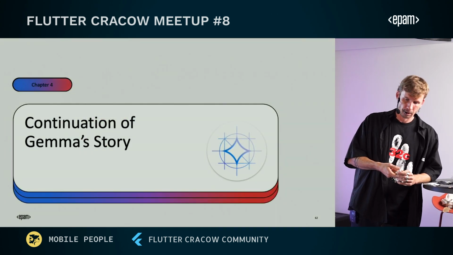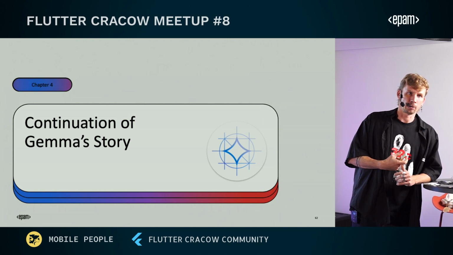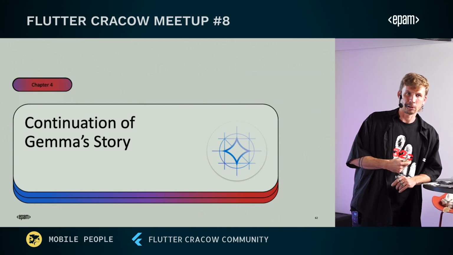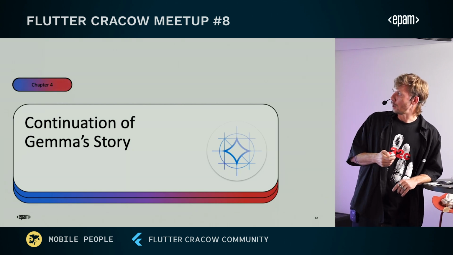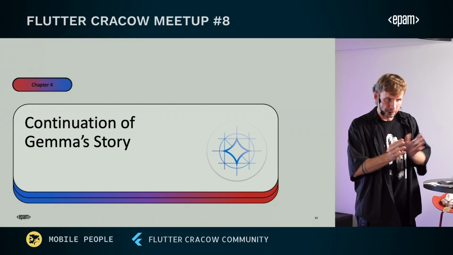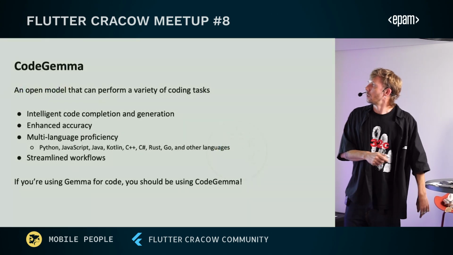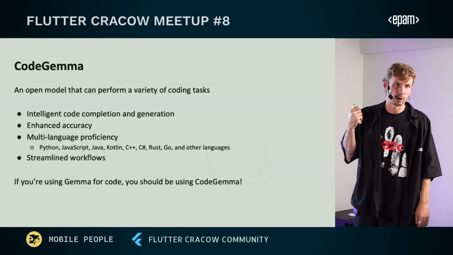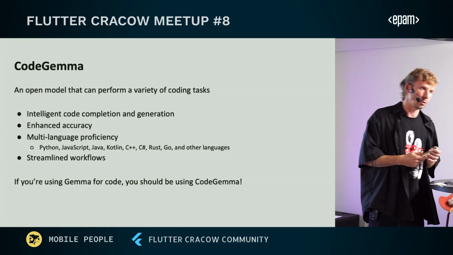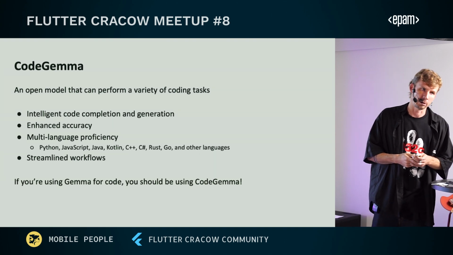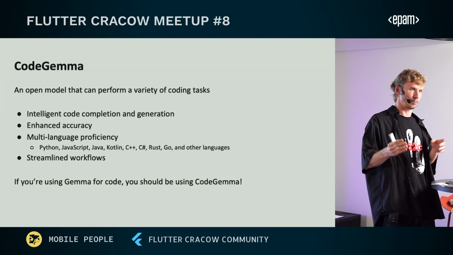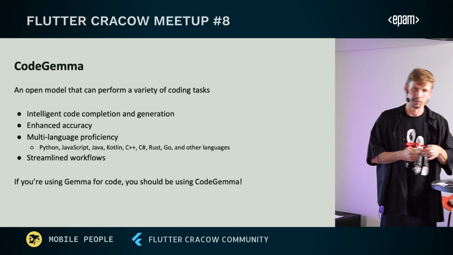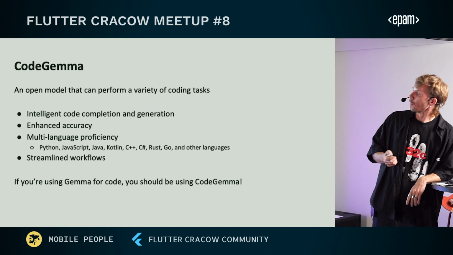And the last but not least, this is not the end of the Gemma story. Gemma has not only this Gemma 1 that I demonstrated to you. Google started to work with Gemma in different directions and created, for example, CodeGemma. It's an already pre-trained model for work with code, and you can fine-tune this CodeGemma for, I don't know, your project or something else, and use it.